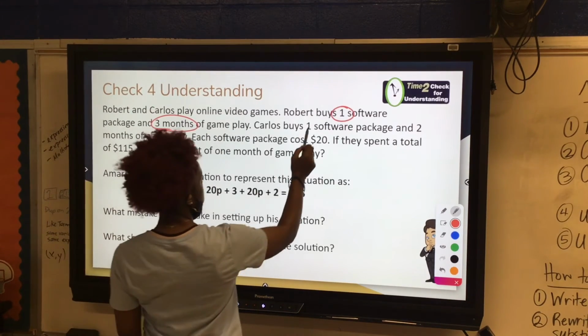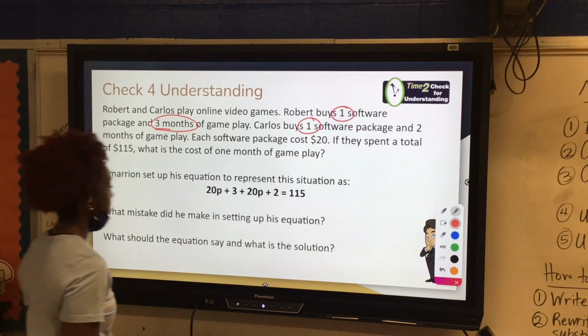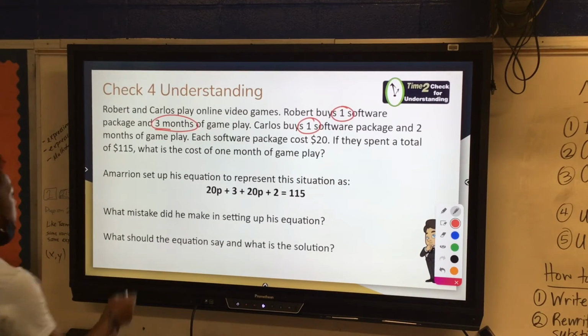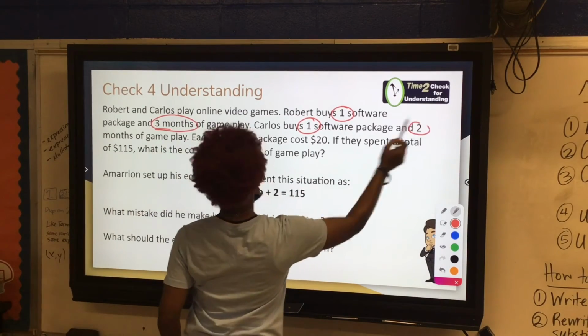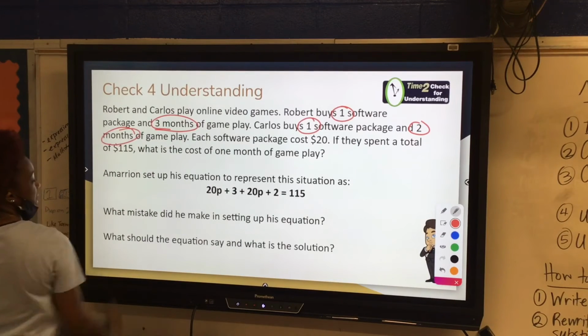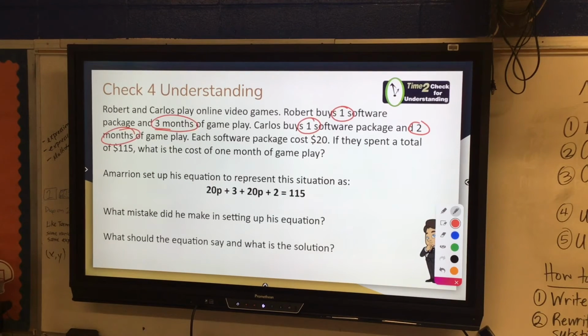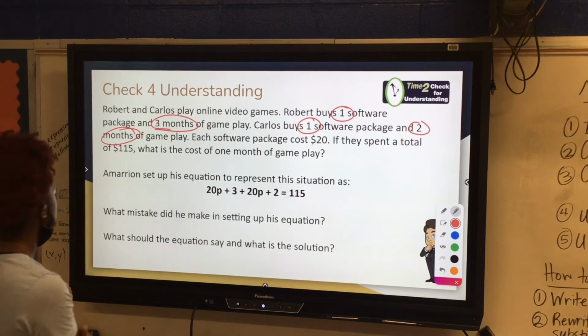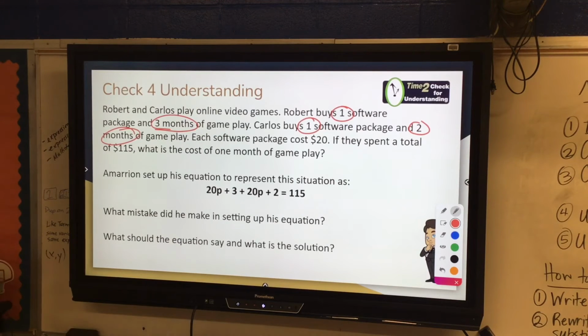Carlos bought one software and 2 months of gameplay. Okay? Each software package costs $20. If they spend a total of $115, what is the cost of 1 month? So we're trying to find P, right? Trying to find P. So what mistake did he make in setting up this equation?